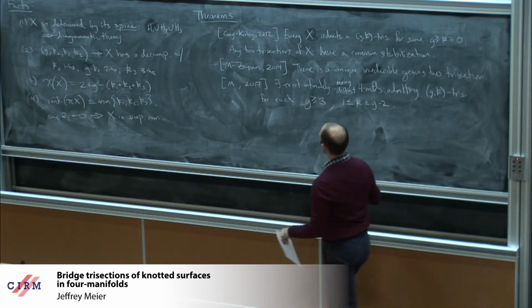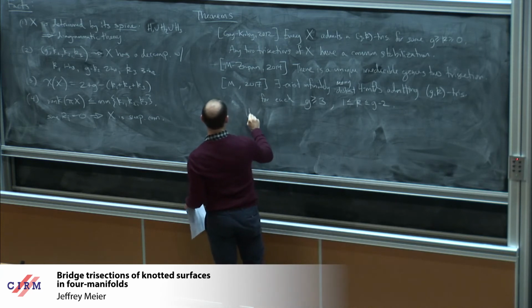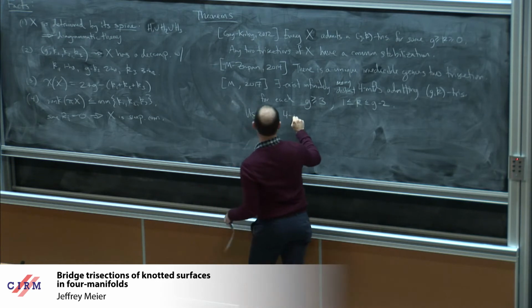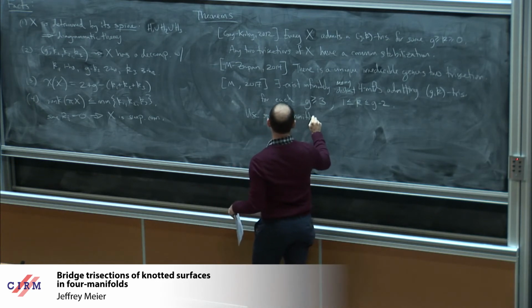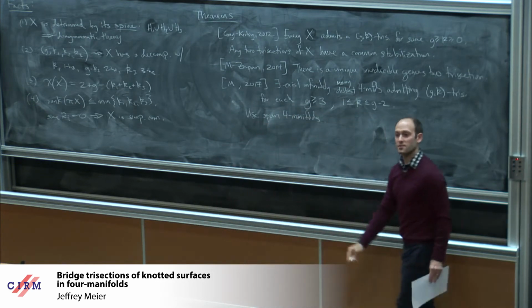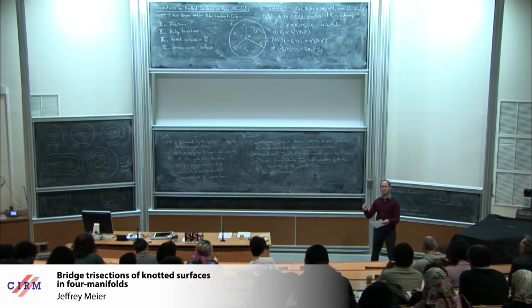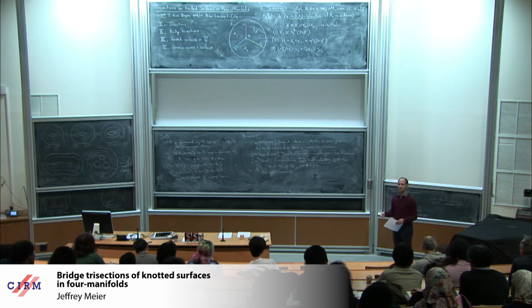Okay. And the proof of this is basically to understand how the spinning operation behaves with respect to Heegaard splittings and trisections. So it turns out if you take a Heegaard split 3-manifold and you spin it, you naturally get a trisected 4-manifold.